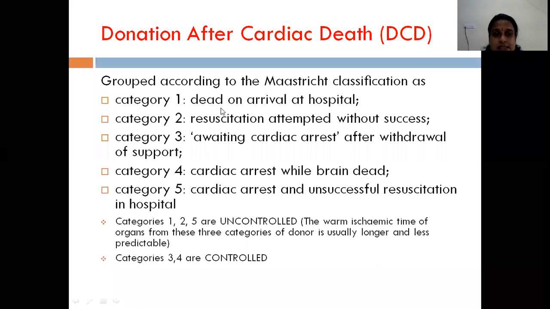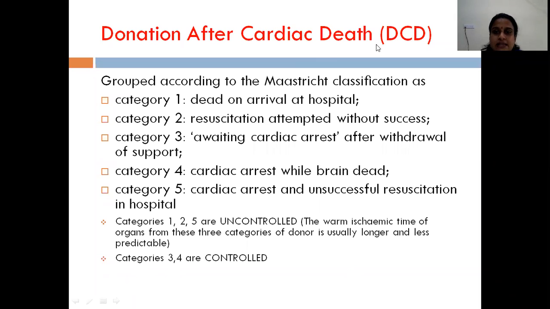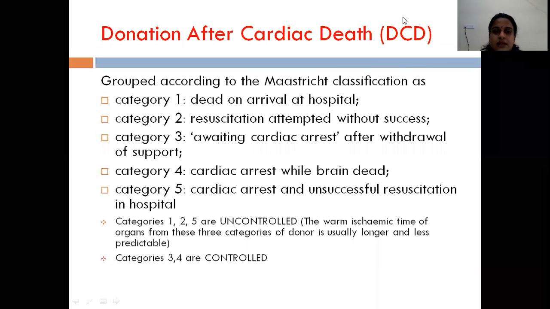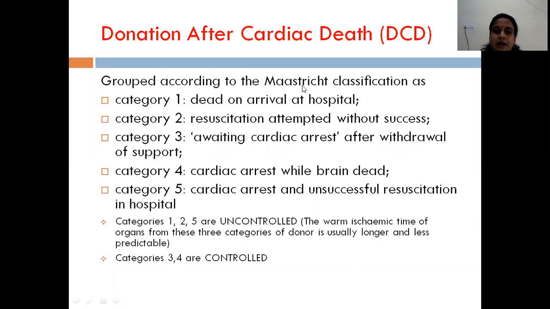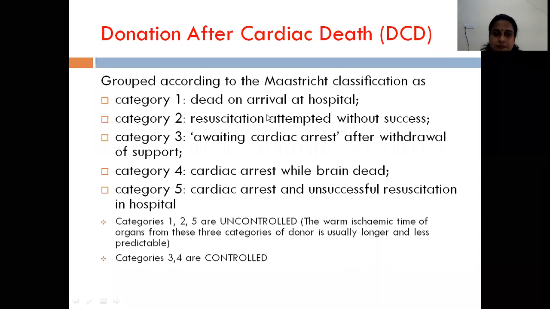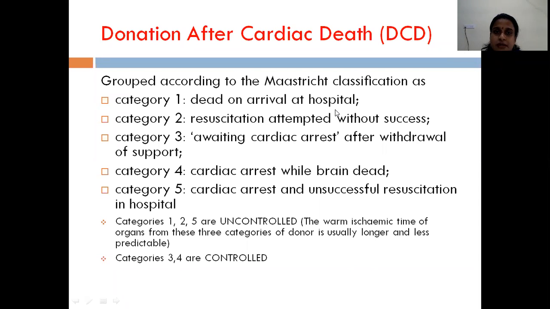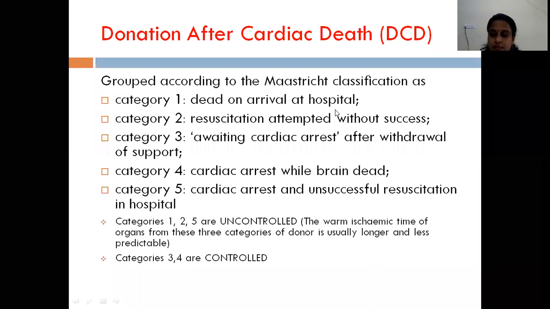So these cadaveric donors after cardiac death, that is DCD donors, are grouped under 5 categories by the Massachusetts classification. The first category is dead on arrival at the hospital.